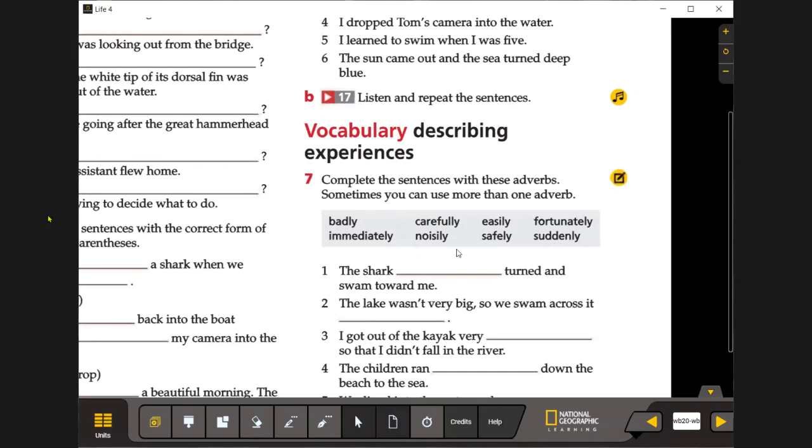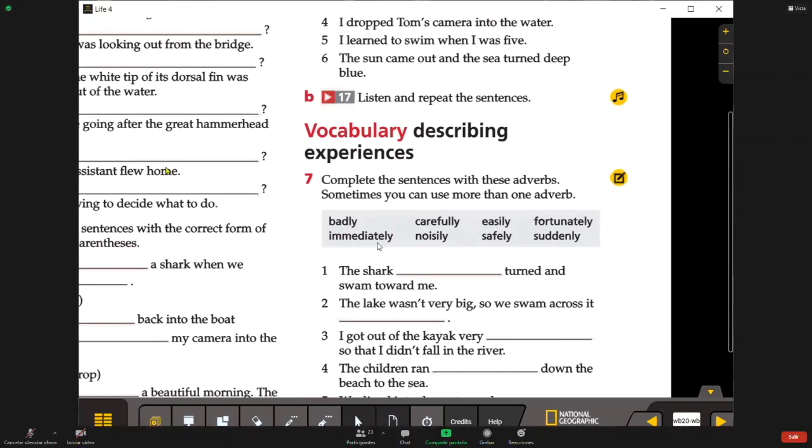Remember that all of these are adverbs because they are ending in ly. Now tell me, if the adverb is badly, what would it be the adjective? The adjective that badly comes from? Bad. Okay, from bad. Okay, the same happens in immediately. This would be? Immediate. Immediate, right? And from carefully? Careful. All right.